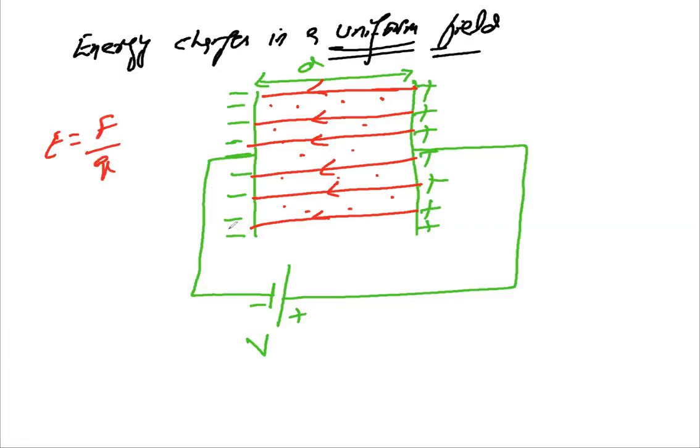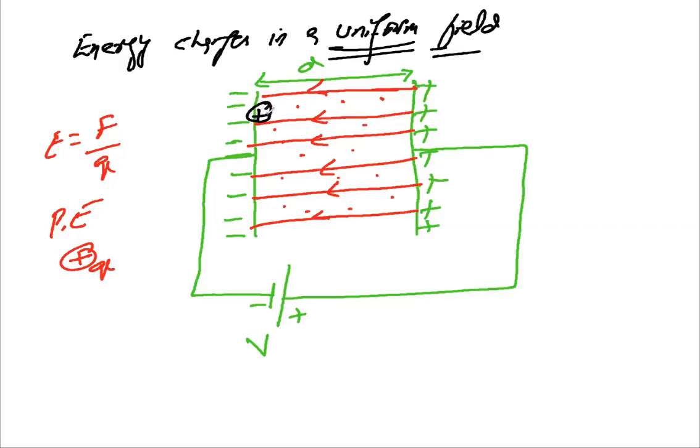Now I want to measure the potential energy, so I will use a test charge for this, and let's say this test charge is Q. If I place this charge at this point, there will be no potential energy.